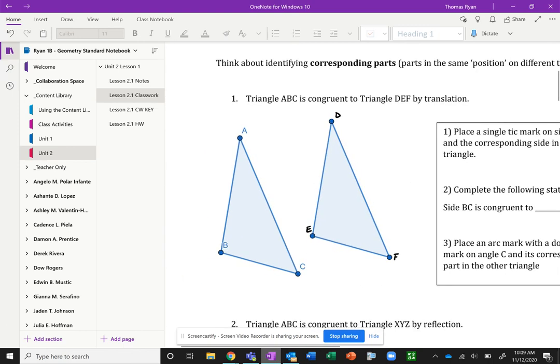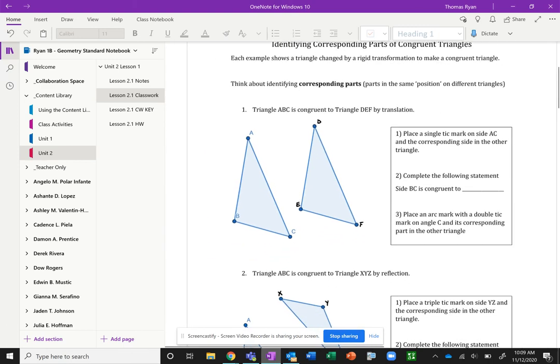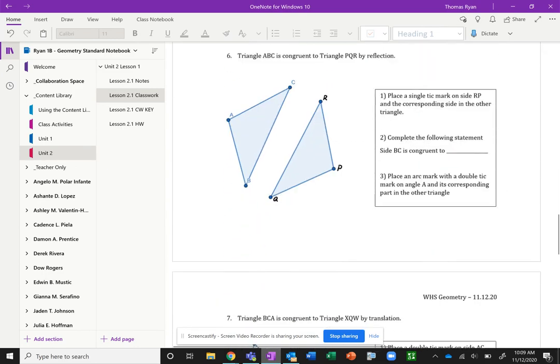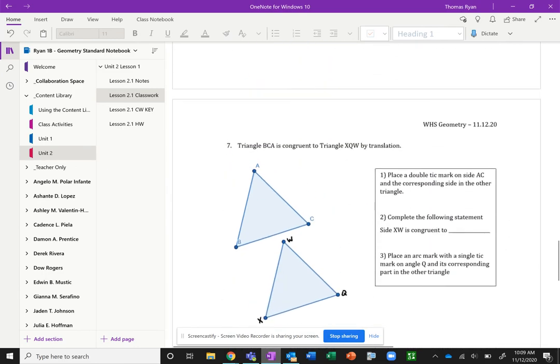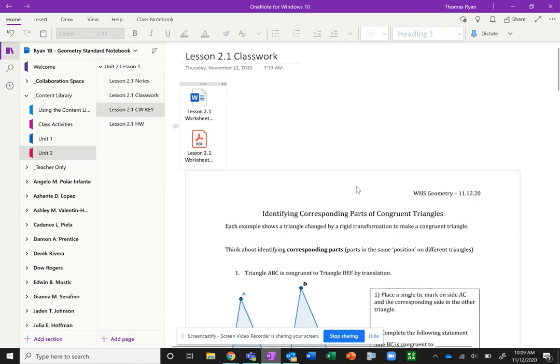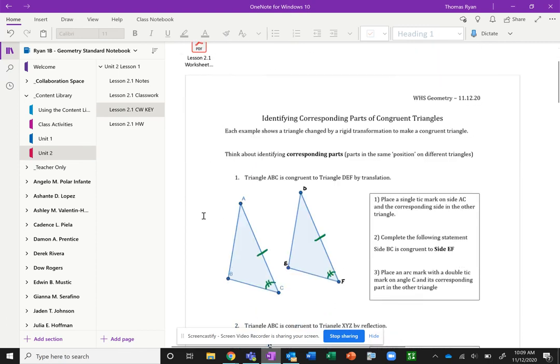And then maybe you're asked to place a couple arc marks to denote corresponding parts. So there's 8 of these here. And there's 3 little parts for each. So I want you guys working on this right now, getting ourselves comfortable with identifying corresponding parts. And then the 2.1 CW key is right there for you guys.